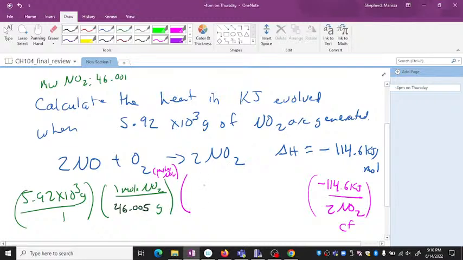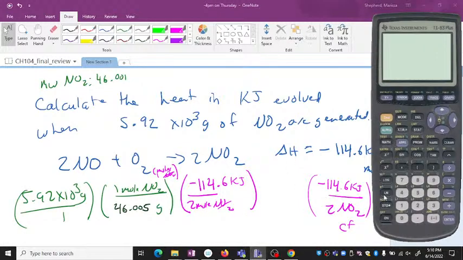So now we have moles, we want to figure out how many we'll get. We know that 2 moles generates this much heat. And so there's our 2 moles of NO2. So you see how moles of NO2 is going to cancel. And then that will just leave us with kilojoules. And so now we just have to plug everything in.